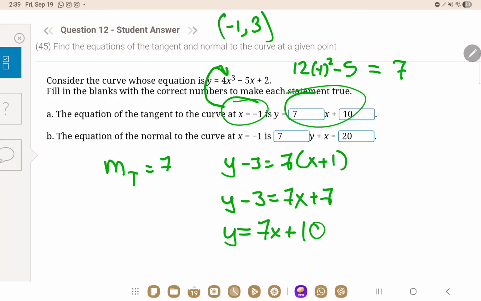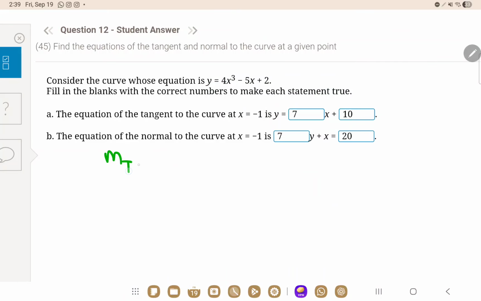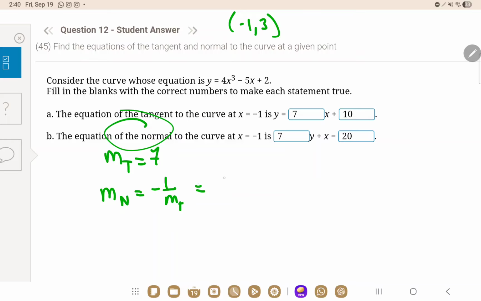That's your first equation. Now to find the second part, we said that the slope of the tangent is equal to 7. For the equation of the normal, the first steps are the exact same, and remember you have a point of (-1, 3). Now the slope of the normal is -1 over the slope of the tangent, so it's equal to -1 over 7. You do the exact same equation: y minus 3 equals -1 over 7 times (x plus 1).